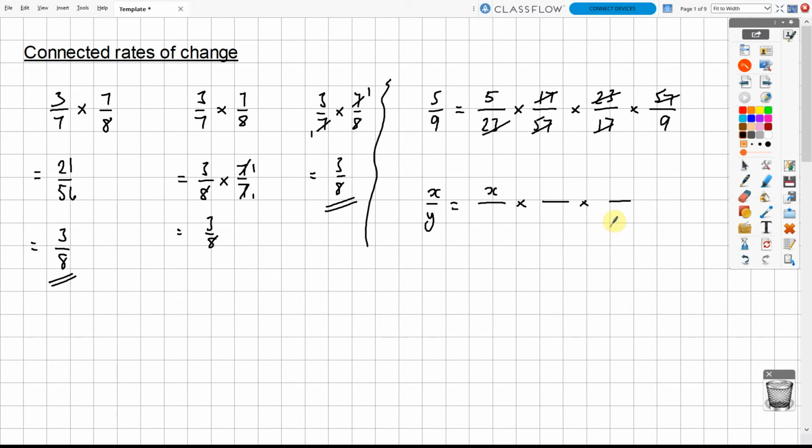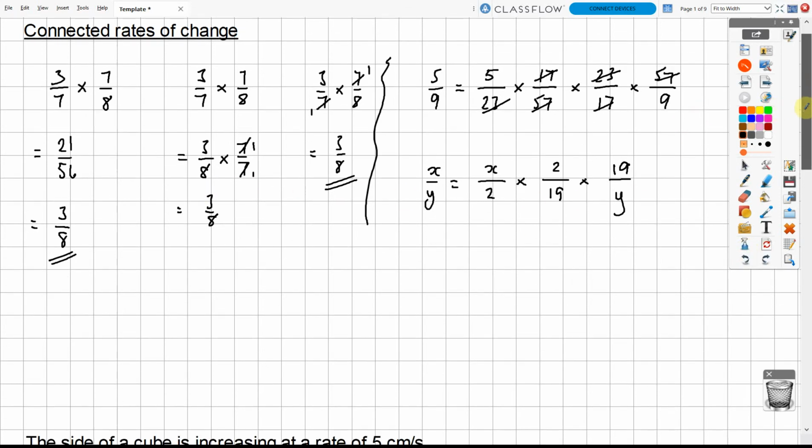Make sure there's an x in the numerator, make sure there's a y in the denominator, and put whatever I like into the other positions as long as they pair up so that they will cancel later on. Now, we're going to use that idea a lot in connected rates of change.